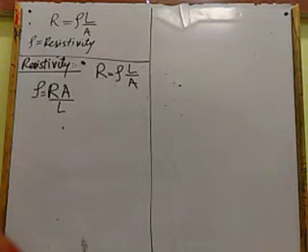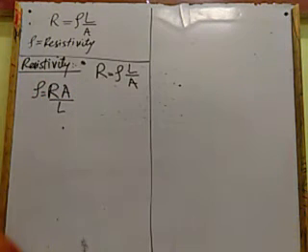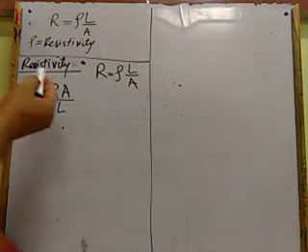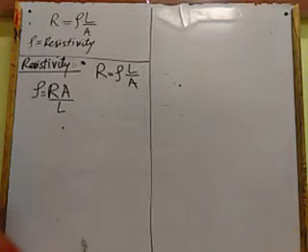So, resistivity is having the concept of resistance. In fact, the resistance of the conductor having unit area and unit length is called resistivity.